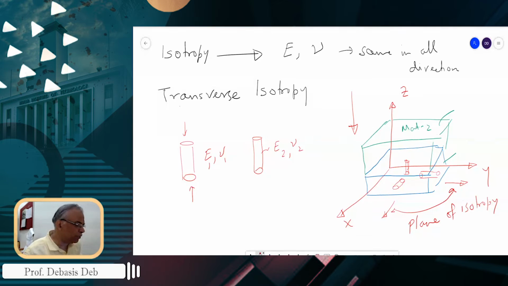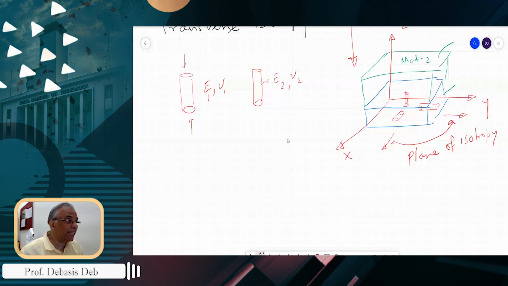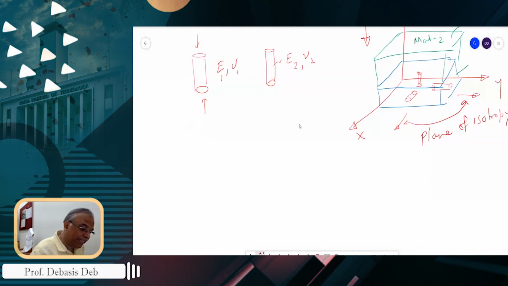This is very much prominent in the rock types we normally test. So in this case, now I'm going to write your C matrix. You remember the compliance matrix I told you about.